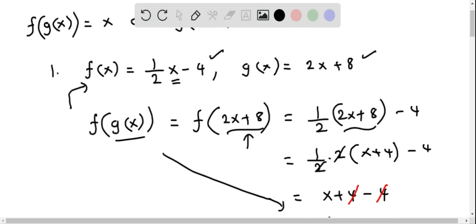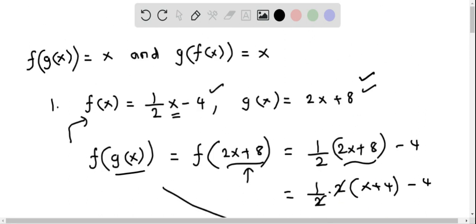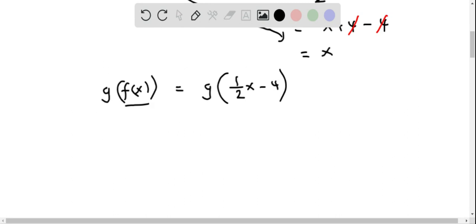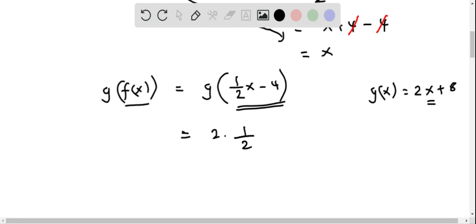Now replace the x in g of x by half x minus 4. Since g of x equals 2x plus 8, I'm replacing this x by this expression. So therefore this becomes 2 times of half x minus 4, and then we have plus 8.